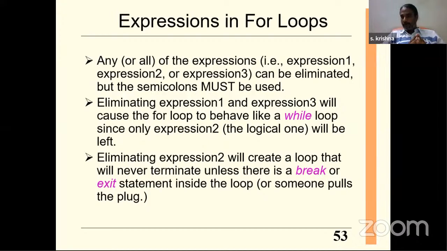So if the first and third expressions are not given and only the second is given, the code works very much like a while loop. We are going to do the programming for this and give examples, but first we have to understand these conditions.